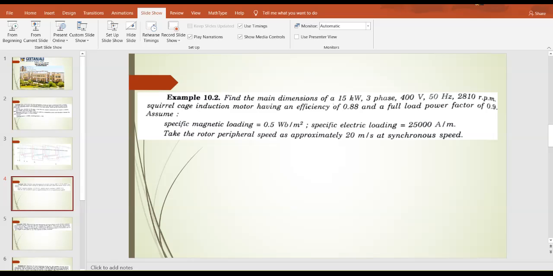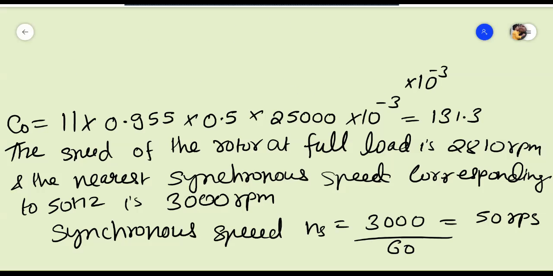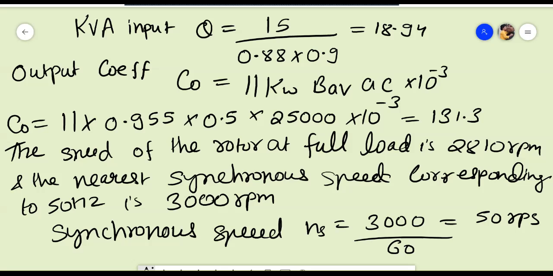Okay. And then we got our KVA input Q, given as 15 divided by 0.88 times 0.9, that was equal to 18.94. Right. And then we got our output coefficient C naught, given by 11 times the winding factor multiplied by the BAV multiplied by the specific electric loading times 10 to the power minus 3.